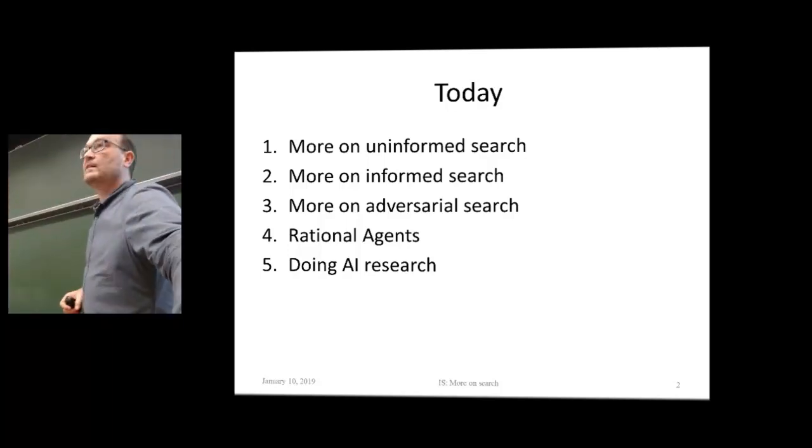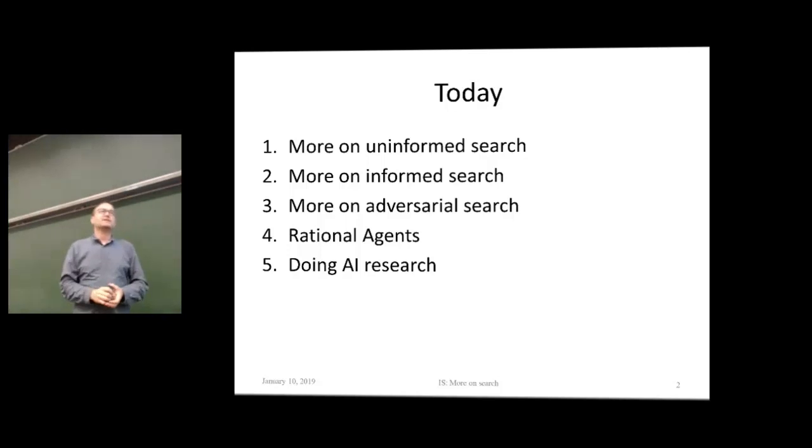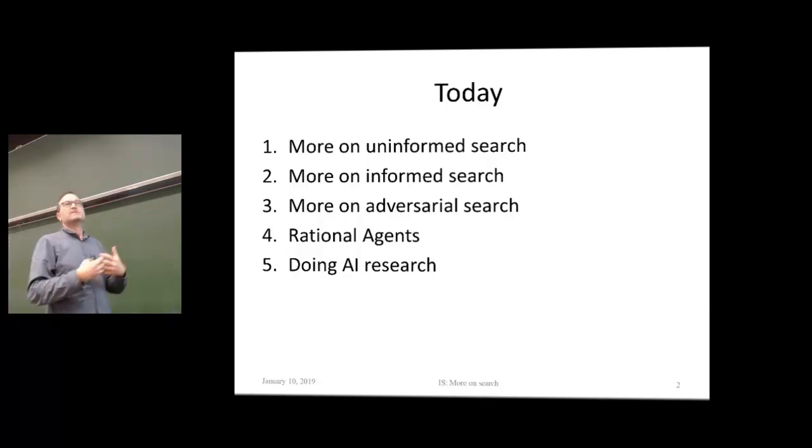As I said, there are some leftovers, but I think very nice leftovers from the first 3 lectures that we're going to take care of. More on uninformed search, more on informed search, more on adversarial search. And then I start the course, what I should maybe have done at the first lecture, namely a more systematic introduction into what intelligent systems are in the first place, what rational agents are, what the goal of an academic AI is, and maybe in the end some short notes on how to perform AI research.